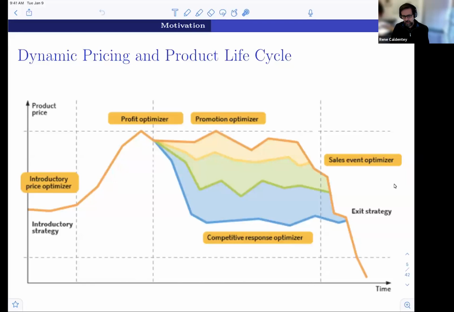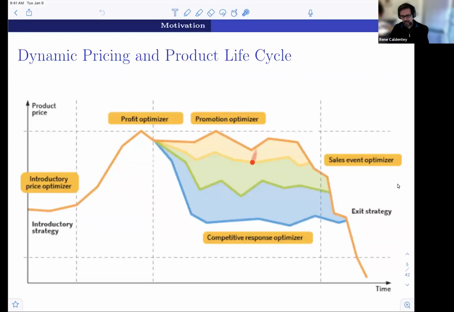And then we move into this region that might depend on what kind of products you have. Some products might be very good sellers, in which case you can keep a relatively high price over time, right? Other products might be poorly selling and might not be particularly attractive, in which case you need much more aggressive markdowns and discounts to make sure that you can sell those units that you have, right?